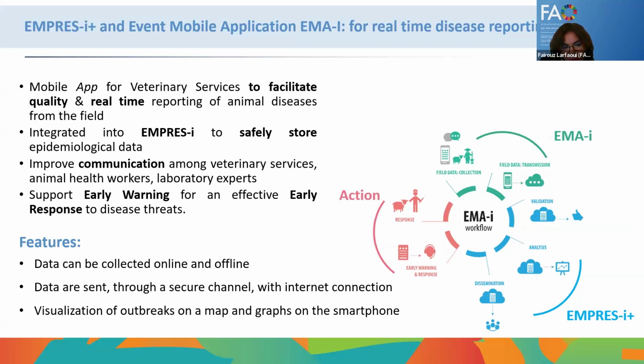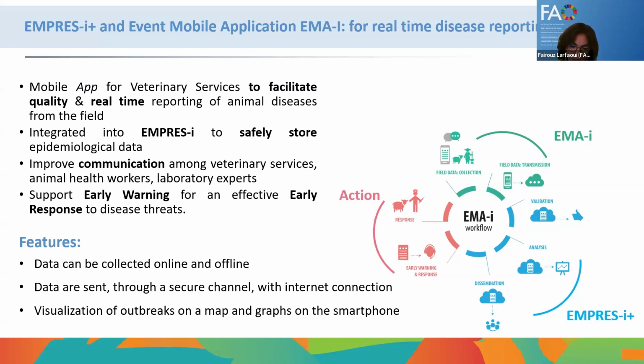This is the added value of this system. It allows us to collect data online, send it through a network and share this information. As we said, data sharing is so important at national, regional, and global level.